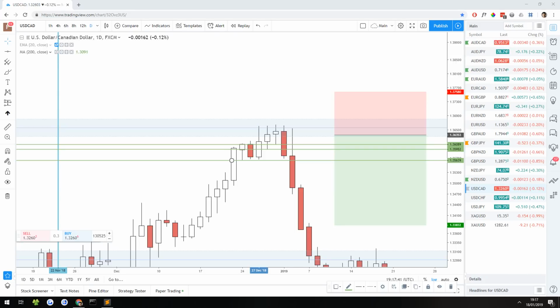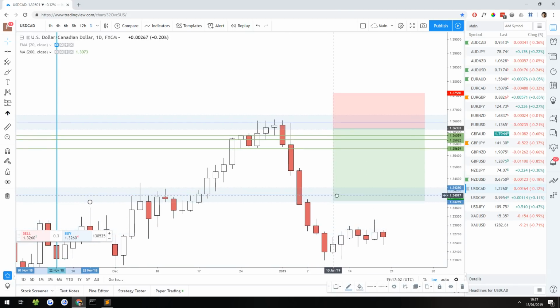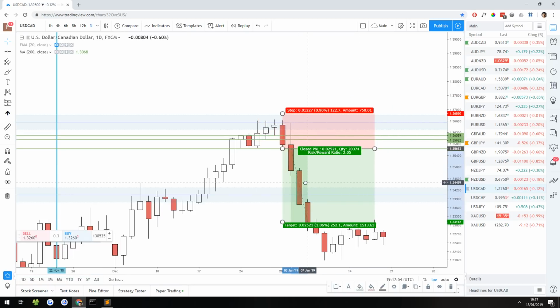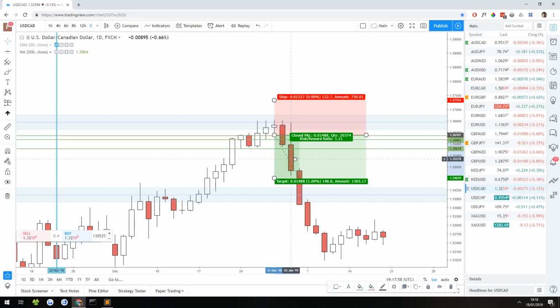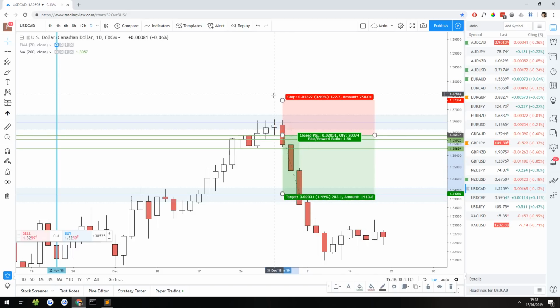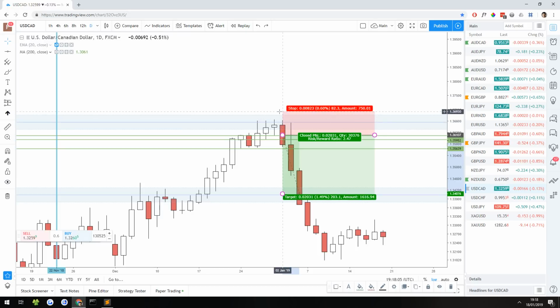And a lot of the times, the question simply comes down to what's going to give me a good enough risk to reward ratio. Because sometimes this support area is not going to be that far away. Sometimes this support area is going to be up here, and then having an entry all the way down here is going to give you a horrible risk to reward ratio. So you need to have that higher entry in order to get a good risk to reward ratio.